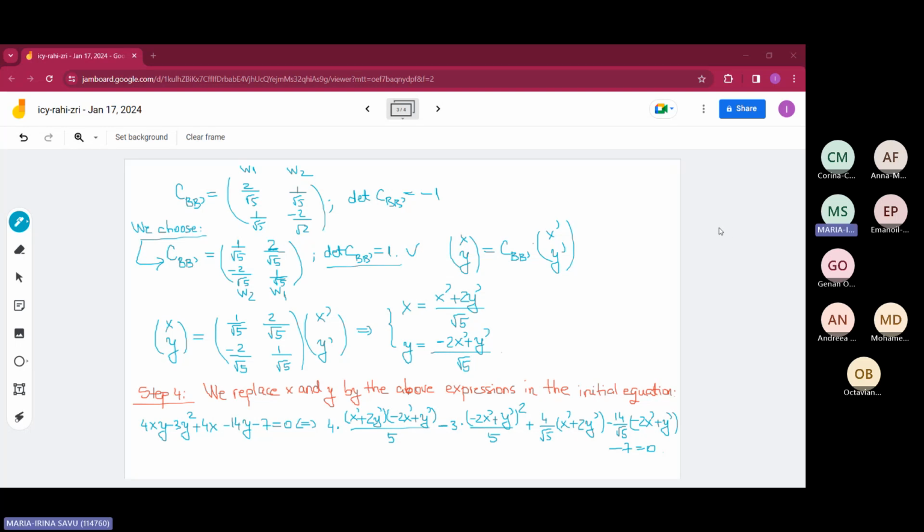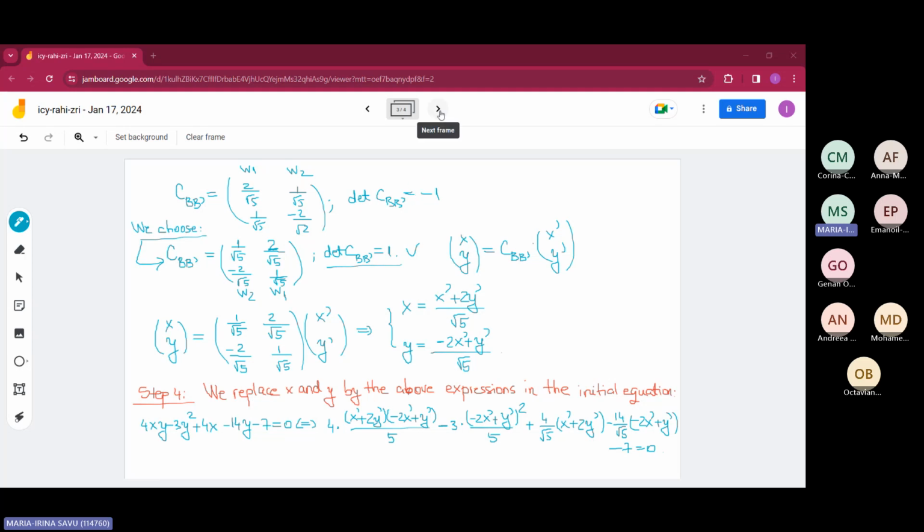Have you made the computations? Not all of them, but some of them, to see if your computations are correct, and then you continue.